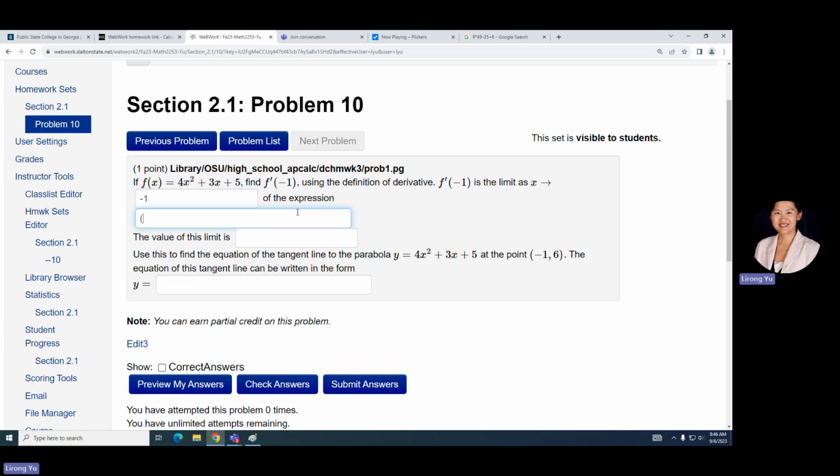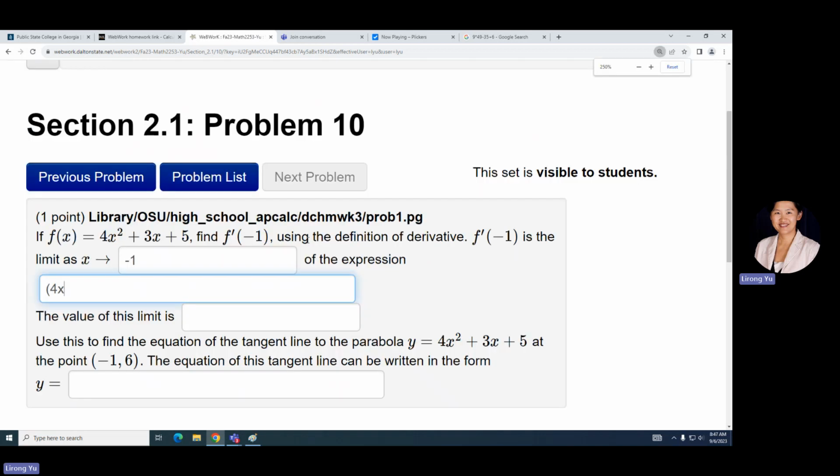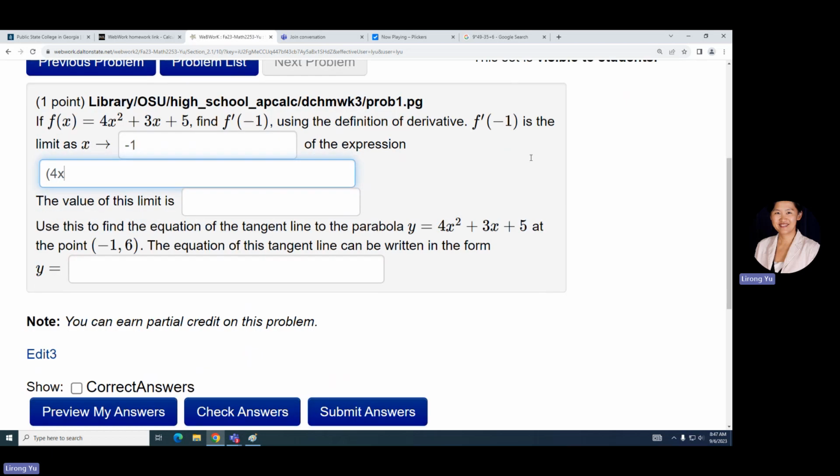It looks like 4x squared plus 3x plus 5 minus 6, so it's -1. That's the numerator.